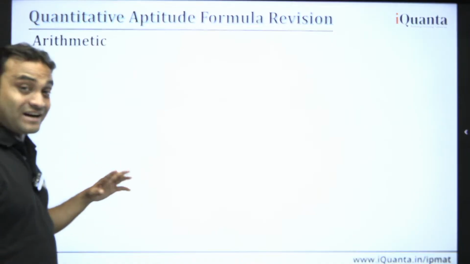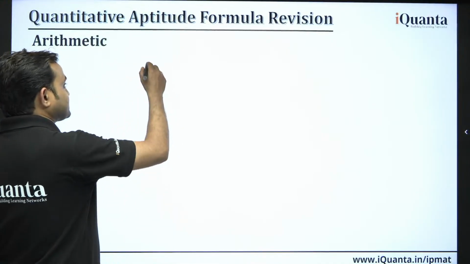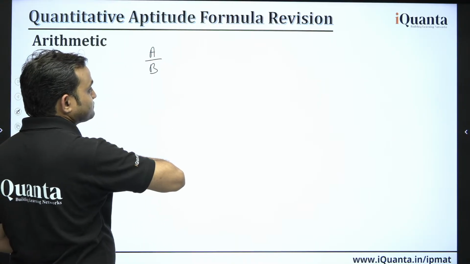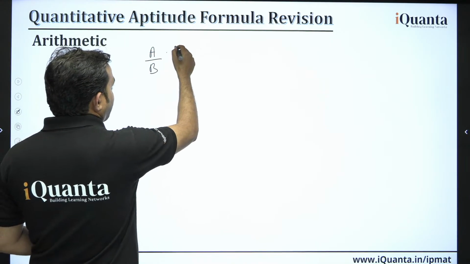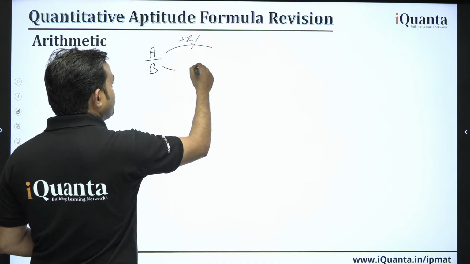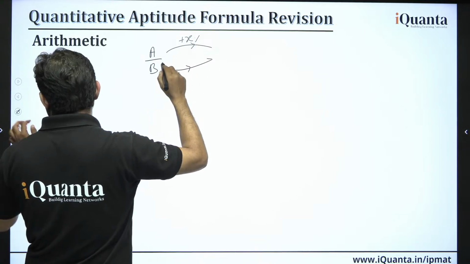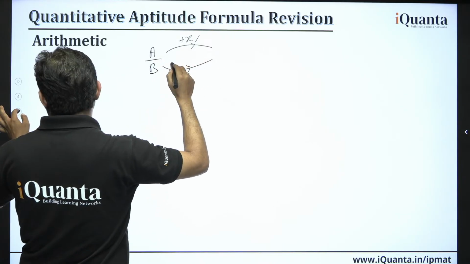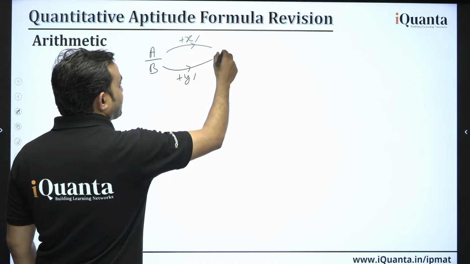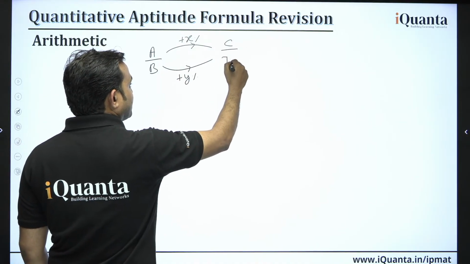One general method: let's say there is a value a by b, and a is changed by x%, b is changed by y%. We are talking about positive values here, not negative. We are getting c by d.